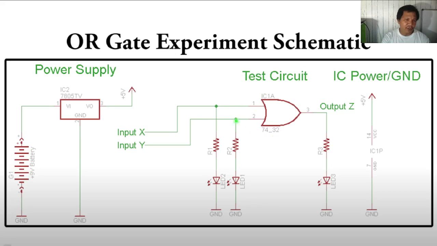Now, the connection is still the same as the previous circuit, but this is now your 7432. I will not be explaining the role of each element here. Now, it is obvious that the LEDs here will indicate the inputs, whether it is high or low, and the output LED will indicate that the output is high or low also.